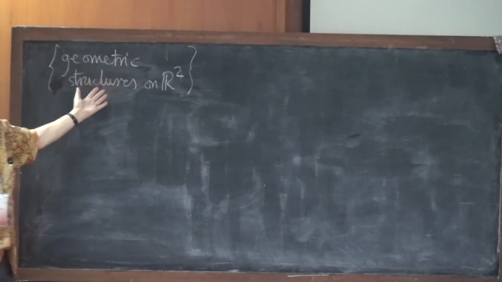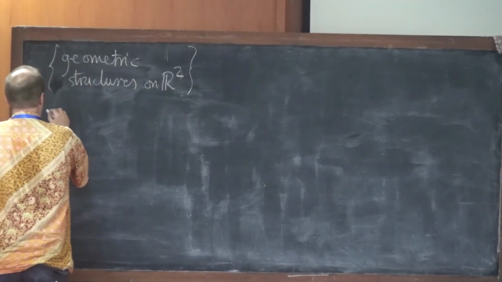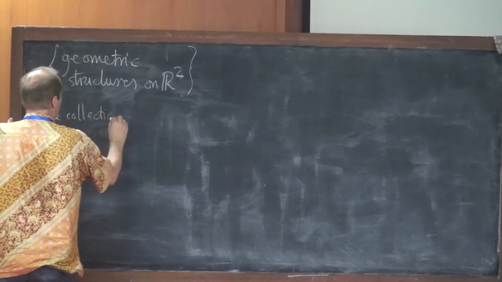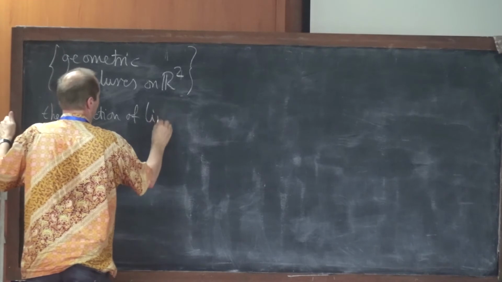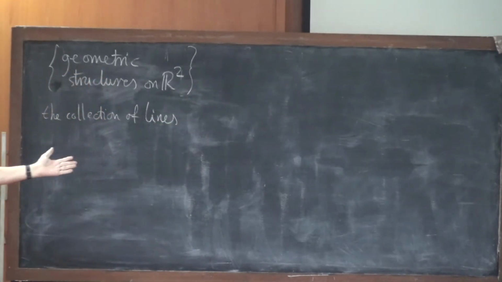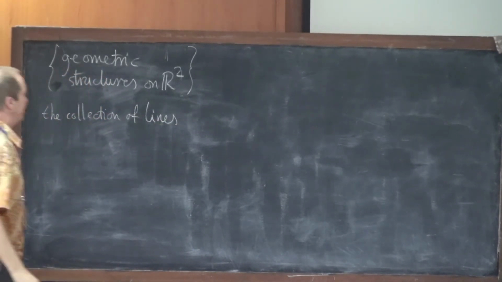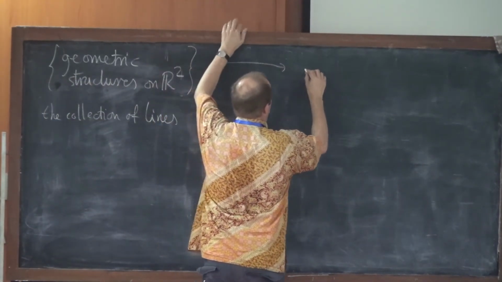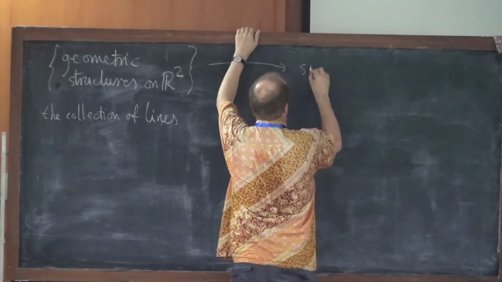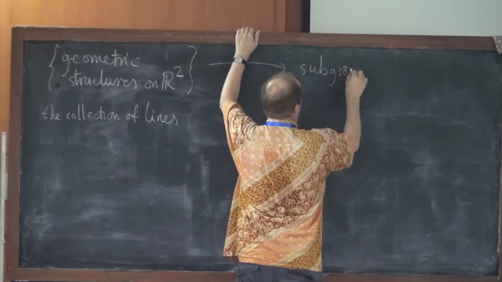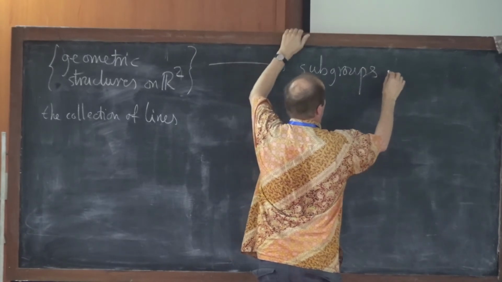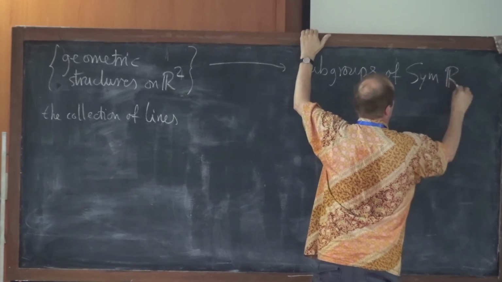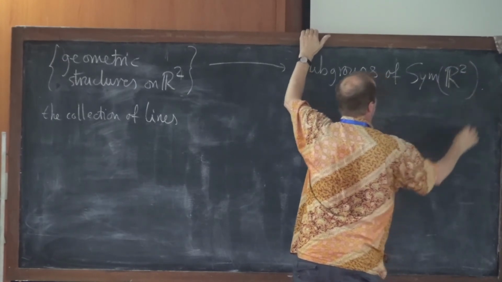But for example, think of the collection of lines, right? That is the example that we did. He says this is related somehow to groups, subgroups. It is almost like a Galois correspondence: subgroups of sim of R2, just like what we did with the lines.